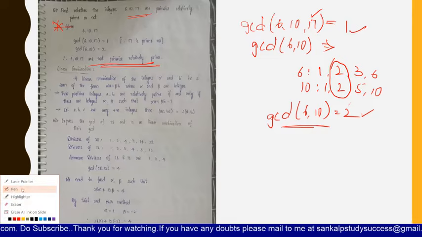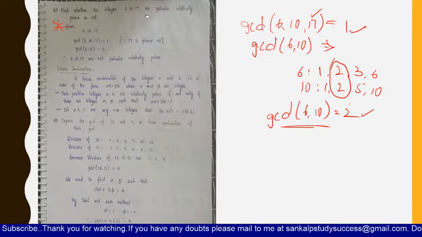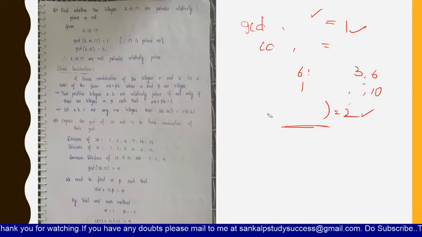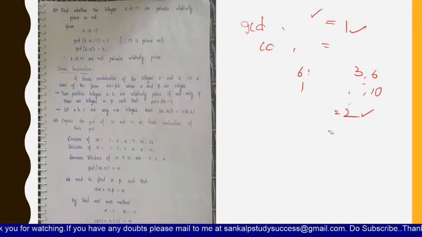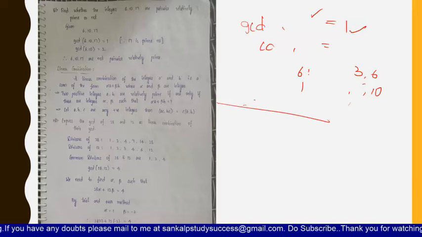Now, let us go into the next topic, which is linear combination. So, what is a linear combination actually? Let us see here. We have already found the GCD of two numbers, correct?